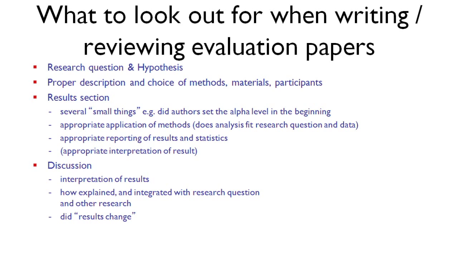So either when you're writing a research paper or a report, or reviewing or reading a report, these are some of the things I would recommend focusing on in terms of looking for specific things in user studies. One of the most important aspects to look out for is: is there a clear research question and are there hypotheses stated in the report?